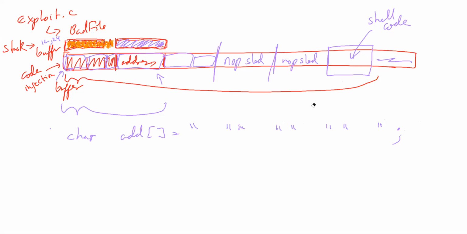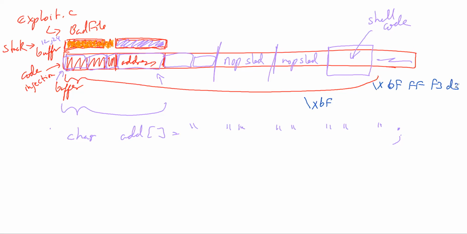So pay attention to this part, because you'll have to do this. My address, I've identified, is BF, FF, F3, D3. Something like that.